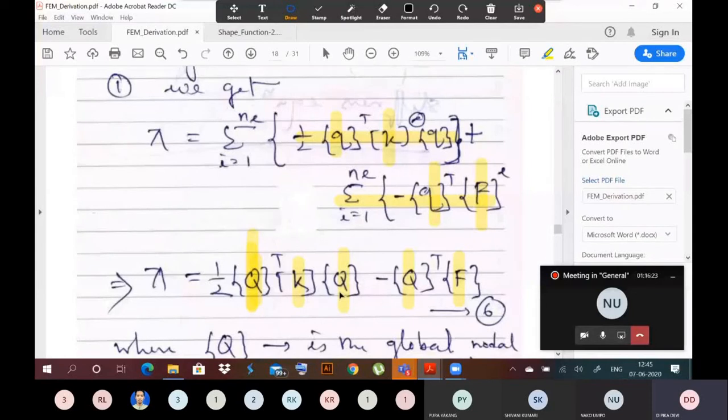So this is the expression for the total potential energy of the system. Q is the global nodal displacement vector, K is the global stiffness matrix, and F is the global nodal force vector.